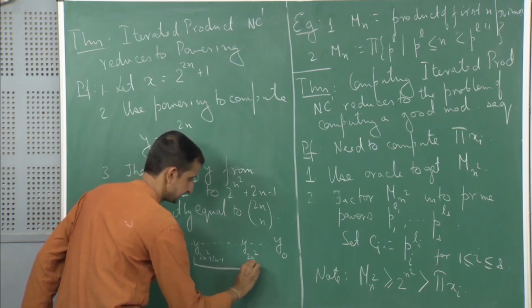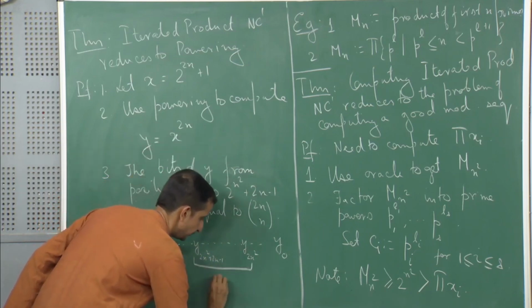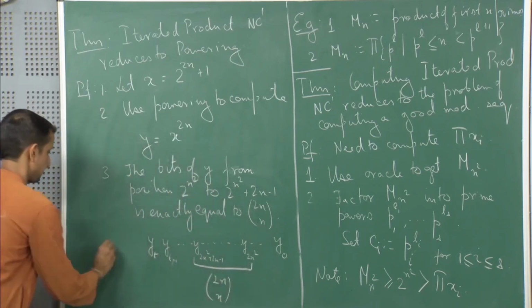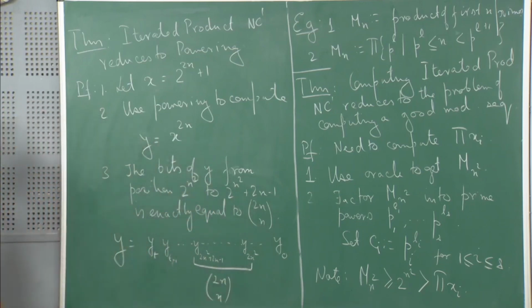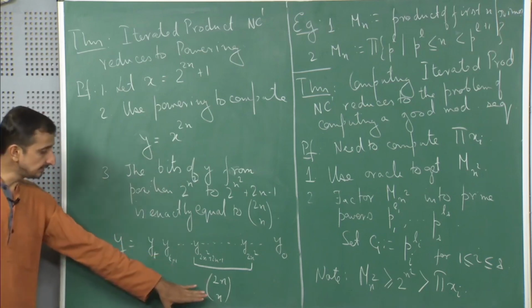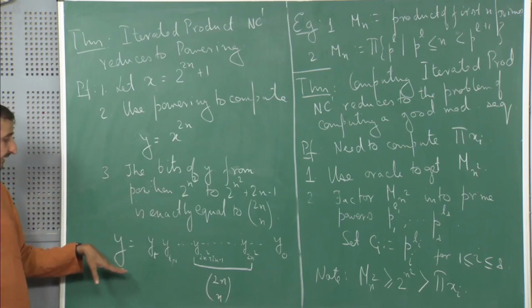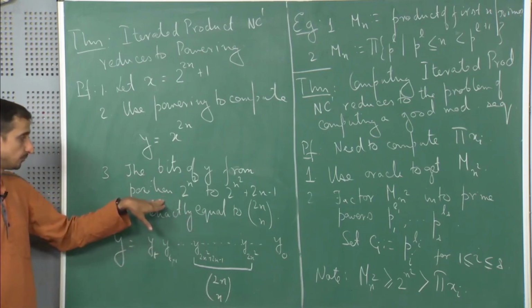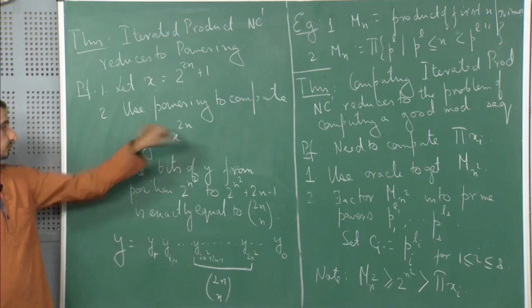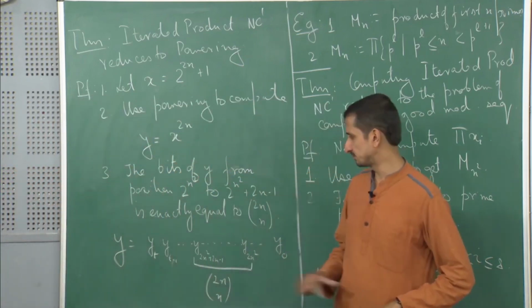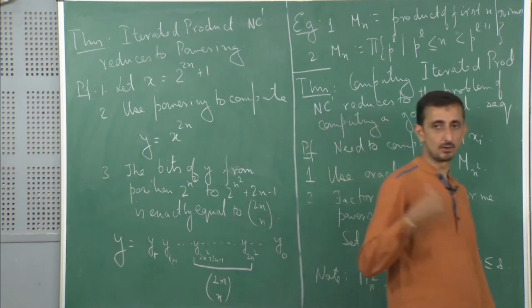This term is exactly equal to 2n choose n. Why we have 2n choose n, I will come to in a moment, but let us first observe that we can get y. If I can actually do powering, I can compute x raised to the power 2n and I can get y, and I can of course select these many terms from y.